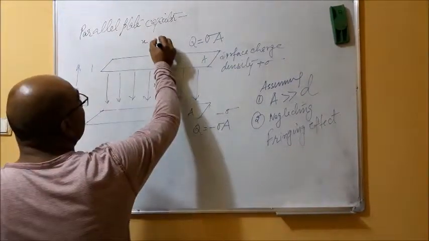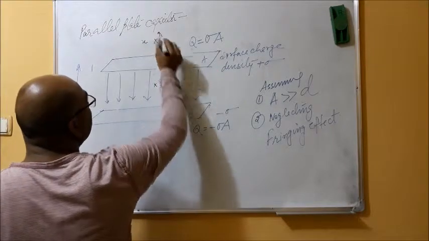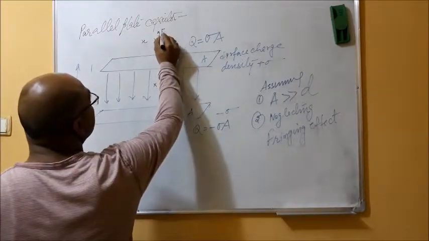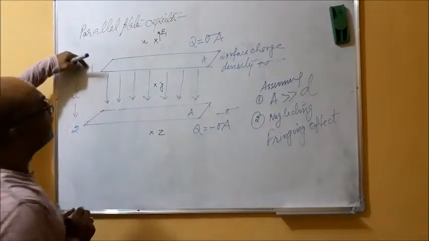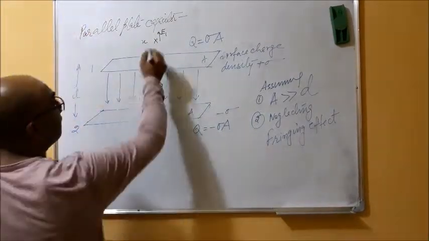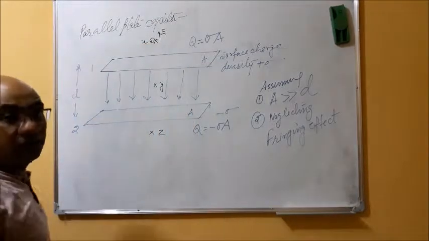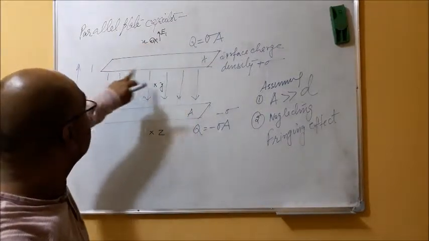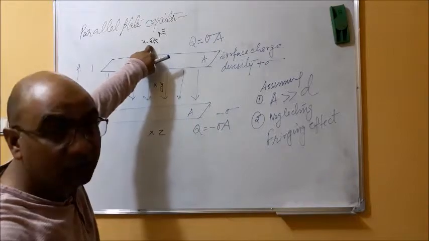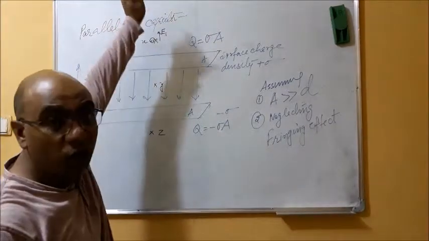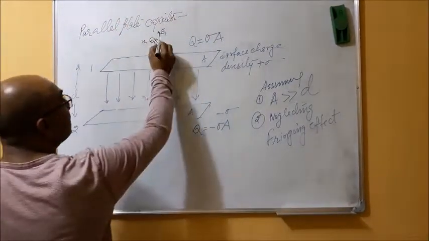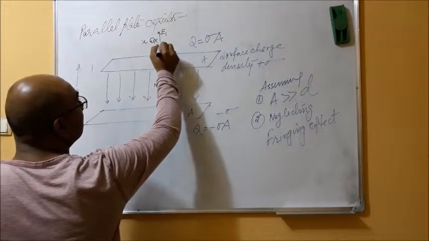At point X, the electric field due to surface 1 will be outward, because we can assume a plus 1 unit charge over here to get the value of the electric field. This is a positive charge, so the field will be outward.